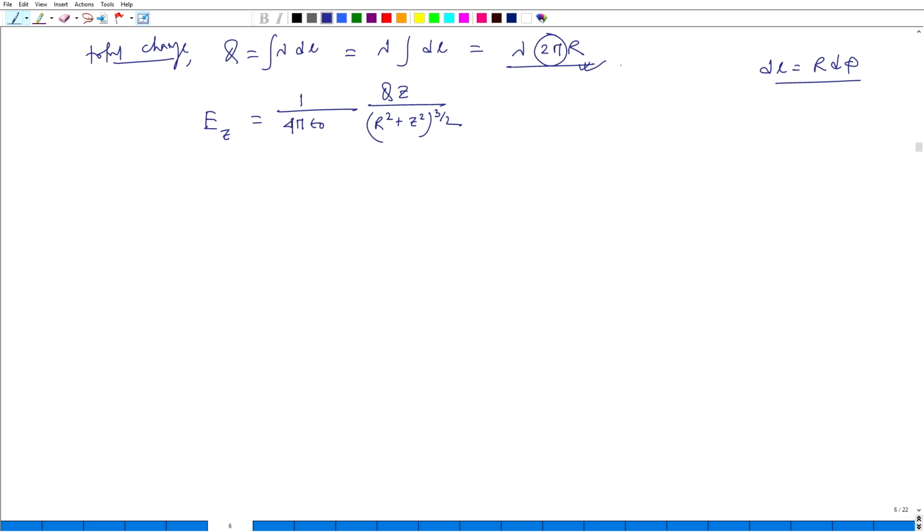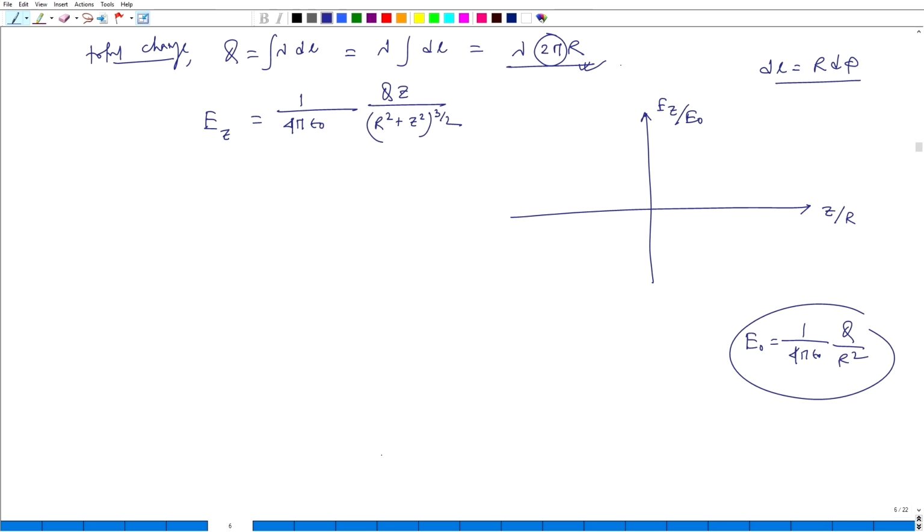So again, if we plot this as a function of z, we plot Ez as a function of z. Again we make a dimensionless variable, so z by r, where we divide by the radius of the ring, and Ez by E naught, where E naught is 1 over 4 pi epsilon naught q over r square.